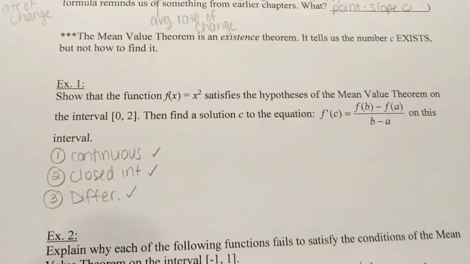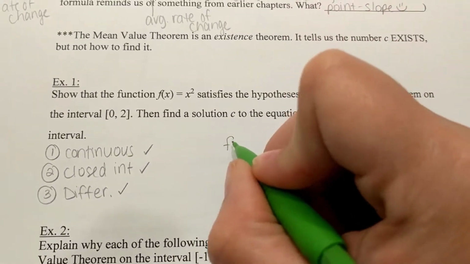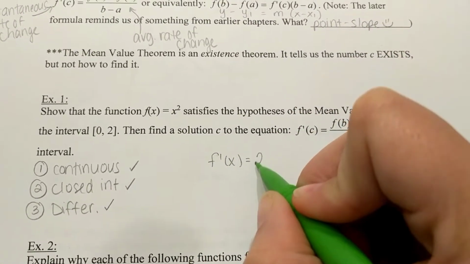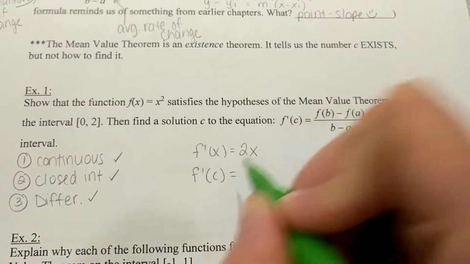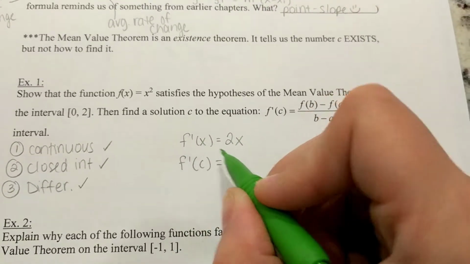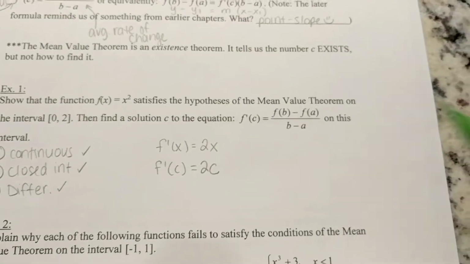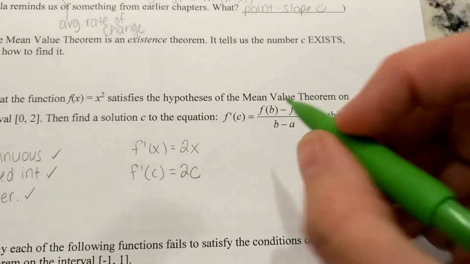In order to do this, f prime of c, well, we know f prime of x is 2x, so that means f prime of c, we're just going to plug in c for x, would be 2c. The other part of this formula is f of b minus f of a all over b minus a.